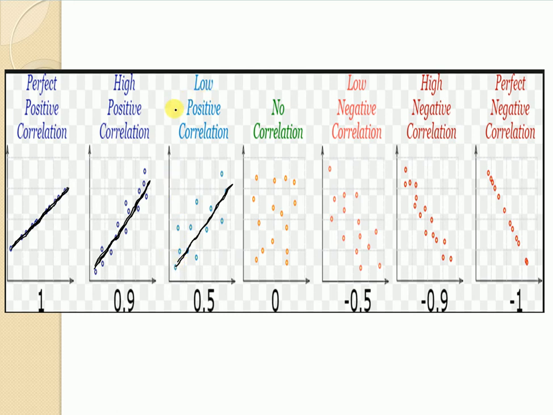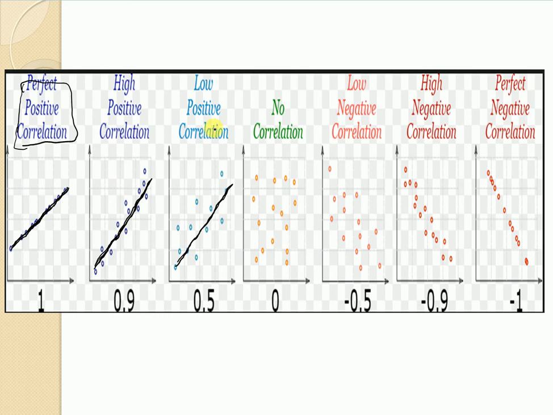So in the perfect positive correlation, the data points lie exactly on this straight line. In high positive correlation, a straight line still exists, an upward sloping line, but now the data points are a bit more scattered.